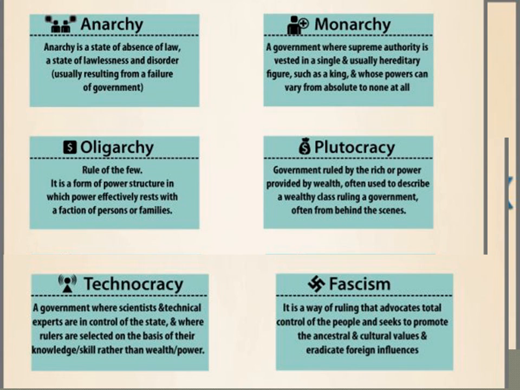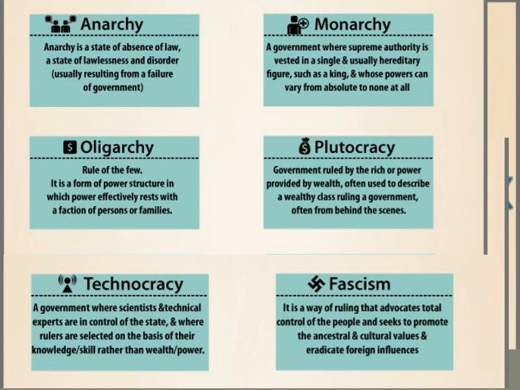But the queen is still the head of state, and so is still recognized as that. And so that's an important note to make. While there's not governing power there, she's still recognized as the head of the country, all right? Just not the head of the government.